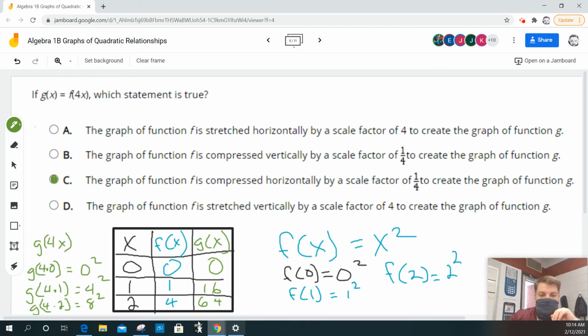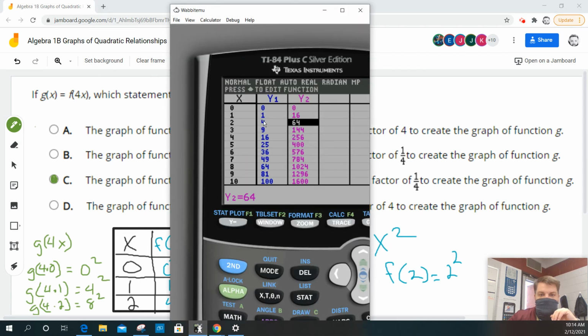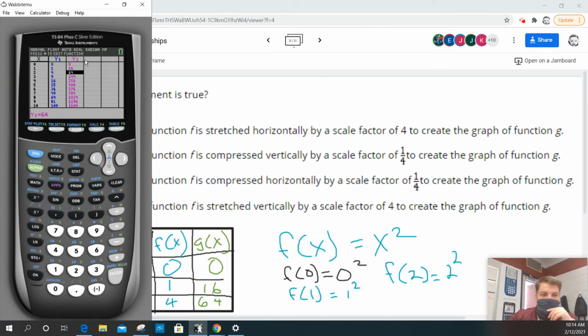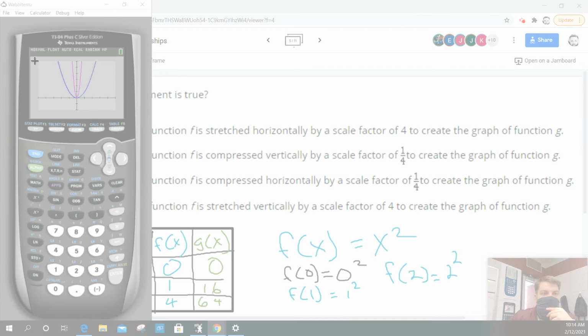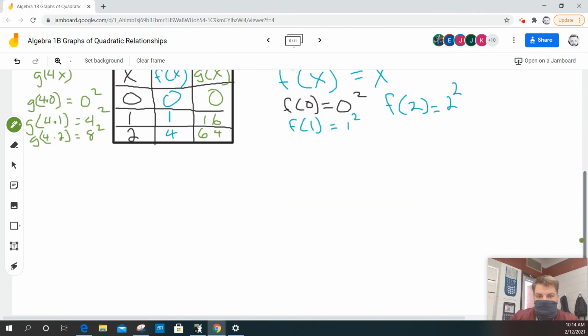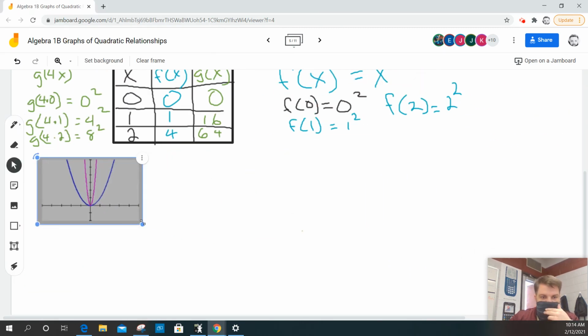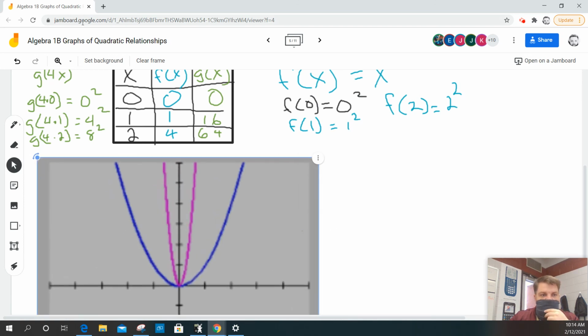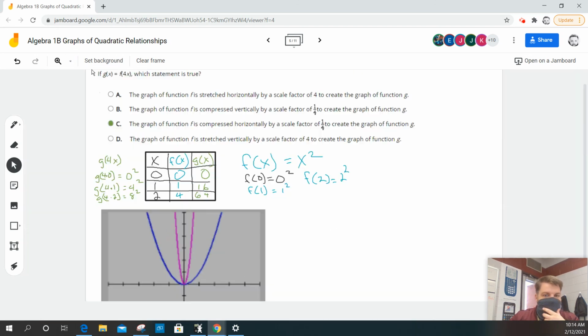Okay. And you know what I should probably do? Let's take a screenshot of this and we'll incorporate that into our notes just to have it there so you can see what's going on. Okay. And let me zoom out so you guys can see it all.